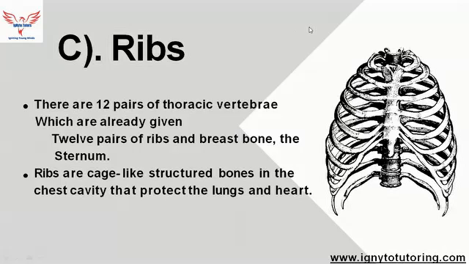The rib cage surrounds the lungs and heart, serving as an important means of bony protection for these vital organs. In total, the rib cage consists of the 12 thoracic vertebrae and the 24 ribs, in addition to the sternum, that is, the breastbone. Ribs are cage-like structured bones in the chest cavity that protect the lungs and heart.